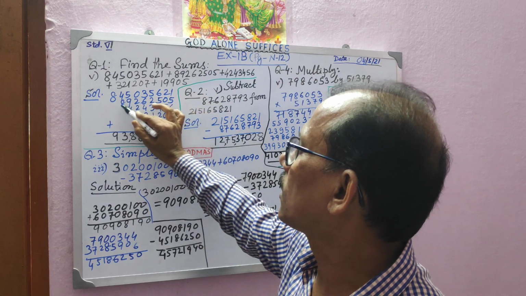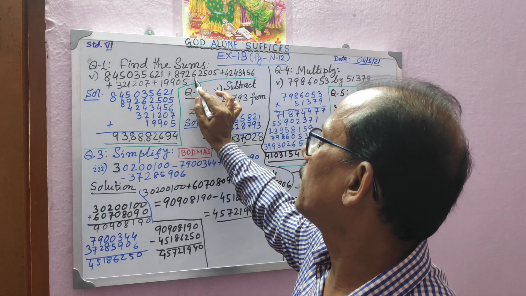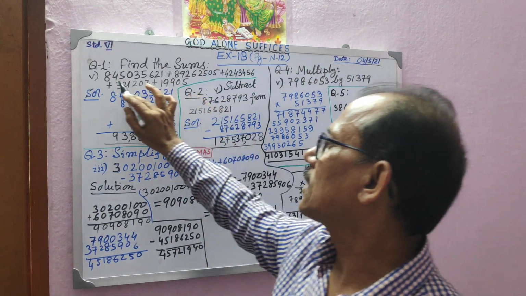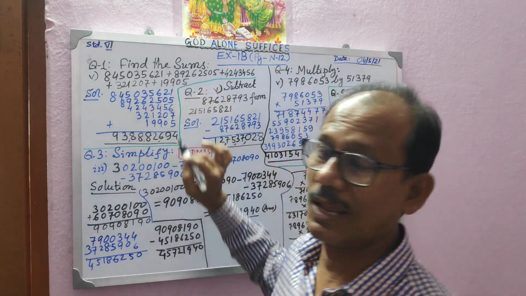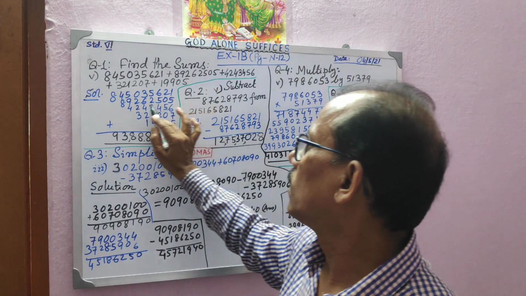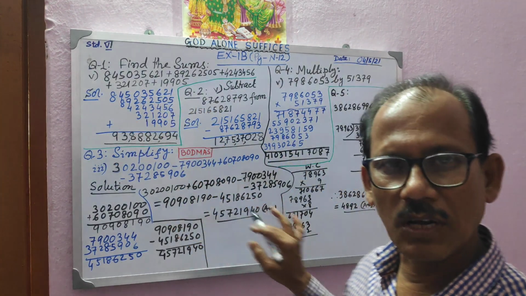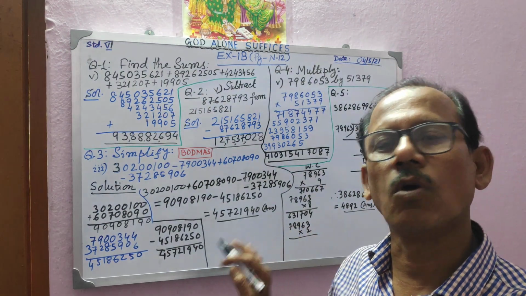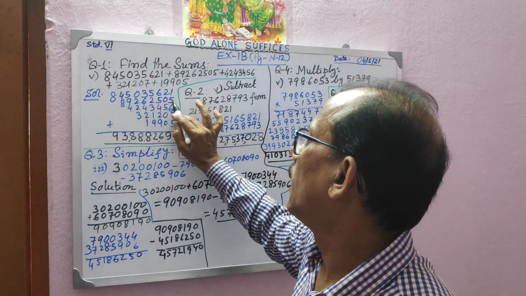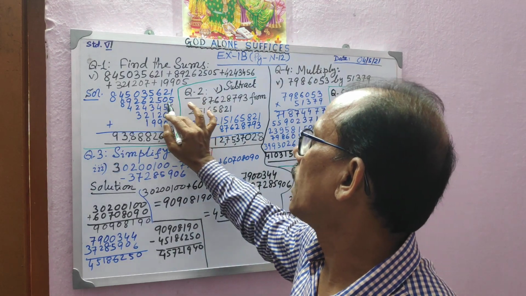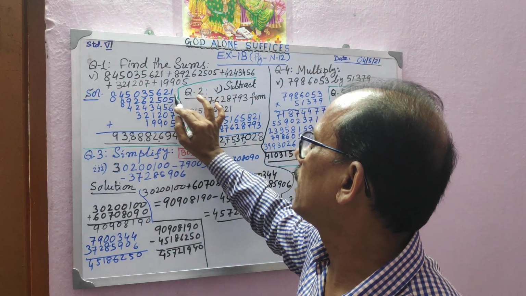Then you go in this order, because see, this number is an 8 digit number. So here it is 84 crore, here it is 8 crore like that. Therefore you have to go this way. If you arrange it this way and leave blank in the ones place, then your answer will be wrong. That is why you have to do it from the ones place till the highest place value, one below the other, exactly one below the other.